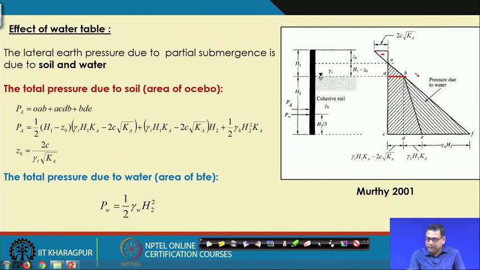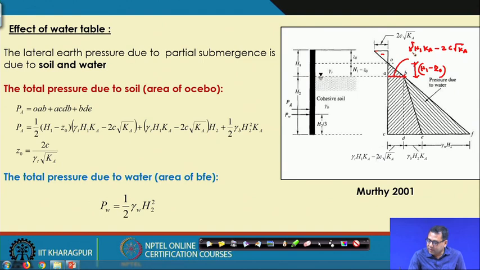So, the final calculation is half into H1 minus Z0, this is H1 minus Z0, into this value, which is gamma H1 K_A minus 2c root K_A.